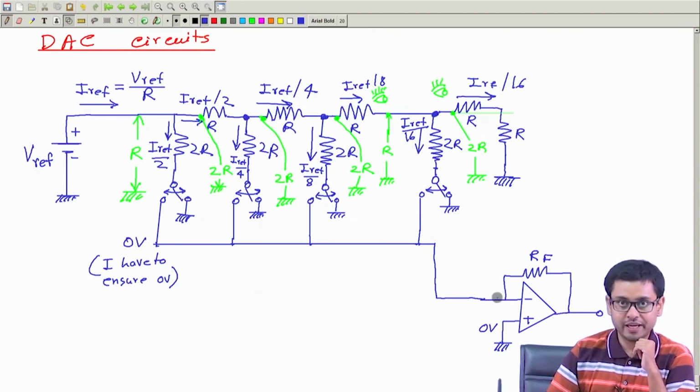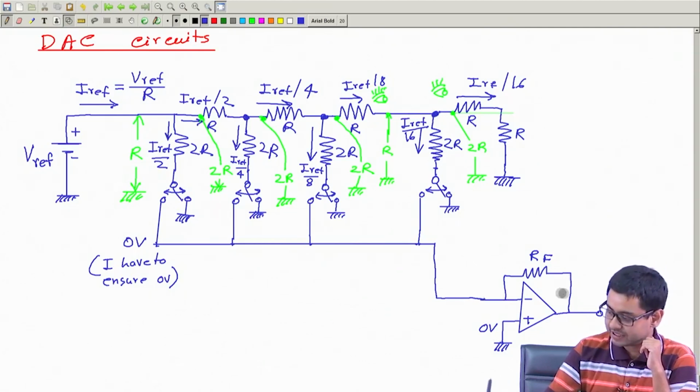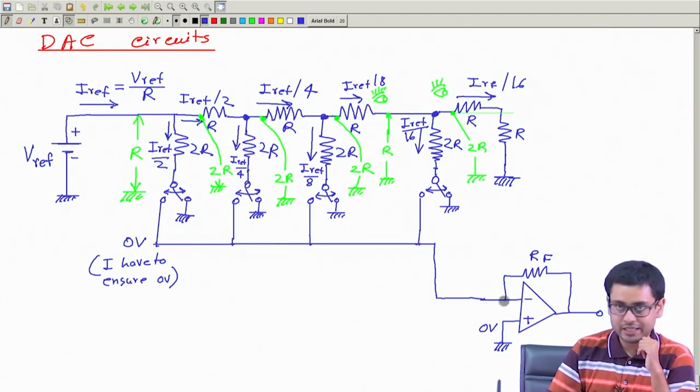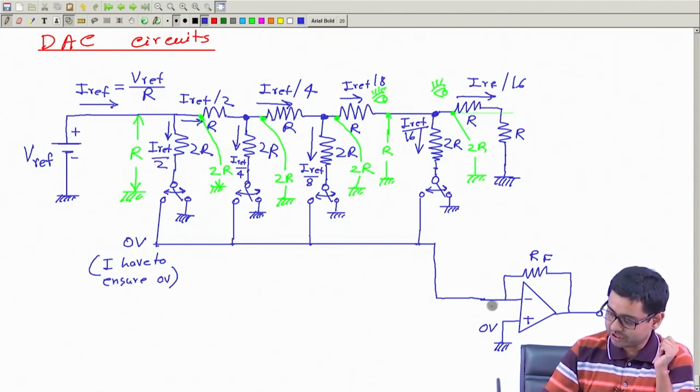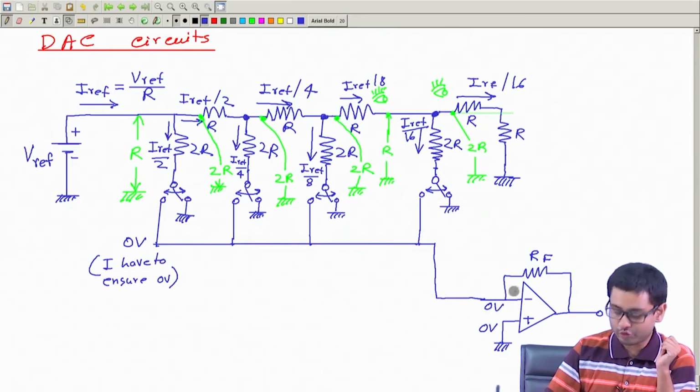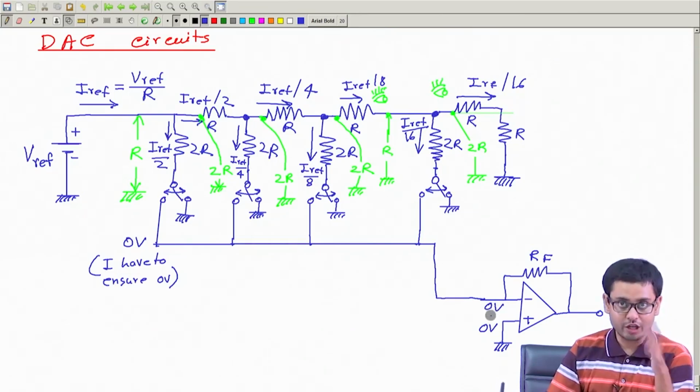Why? Because Vn is going to be more positive than Vp, so the output will go down, and because of this feedback, will decrease the potential at this point. So this circuit will try to increase the potential at this point, and the output will, by virtue of negative feedback, decrease the potential at this point, and therefore at equilibrium this potential will also be equal to 0 volt, by virtue of the virtual short, which is applicable in this circuit.